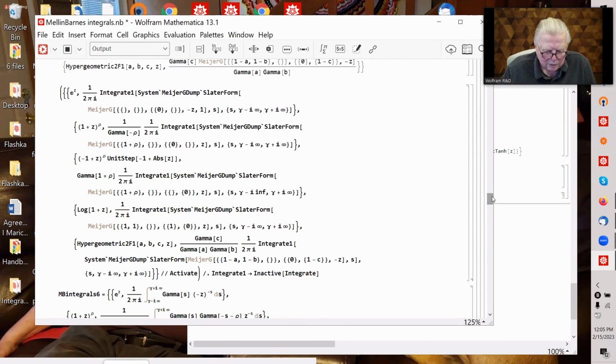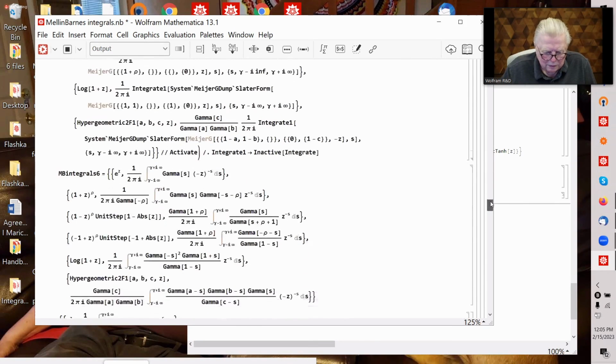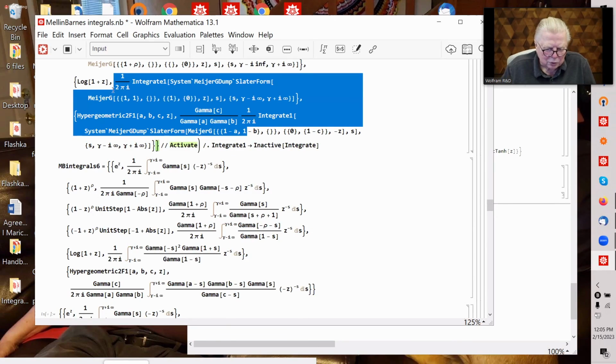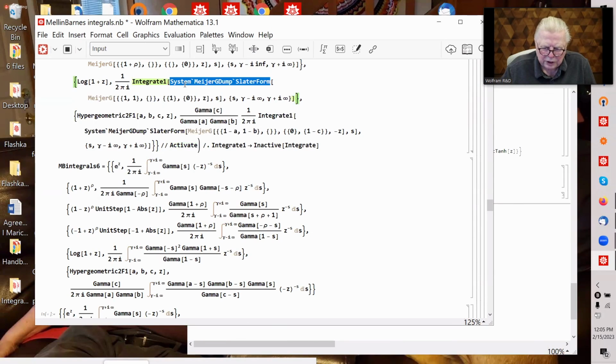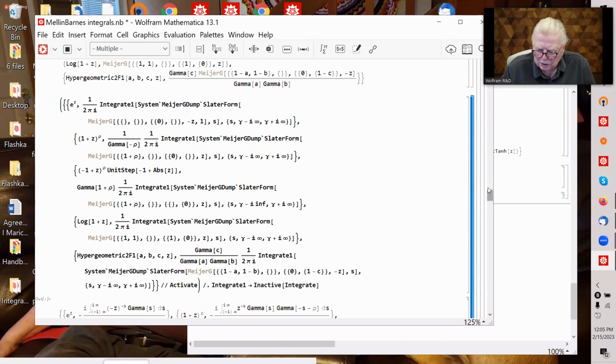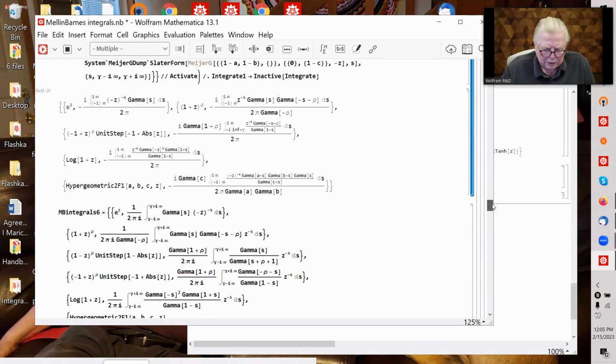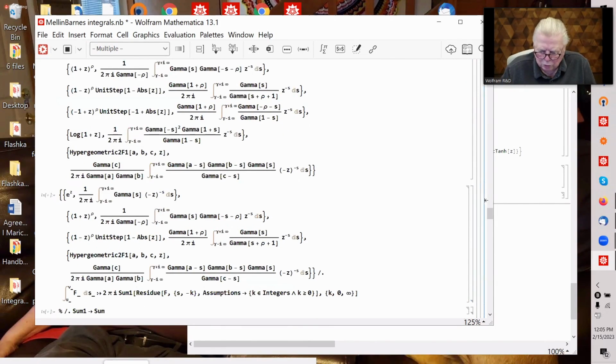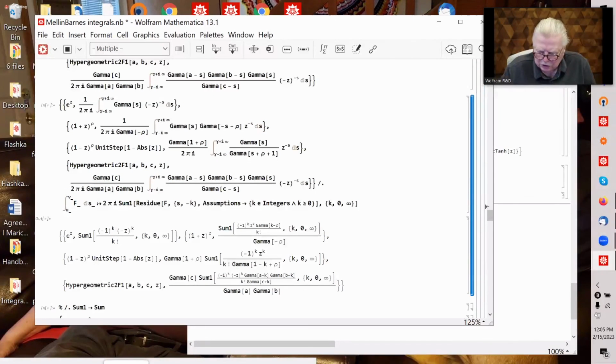What I made here are evaluations that return to the logarithm, for example. I used an internal command which we have in Mathematica, by the name SlaterForm. You can repeat this, follow me, and get the corresponding return to these original functions.